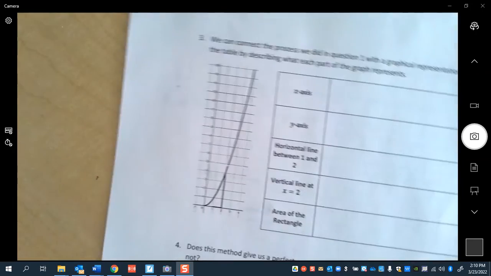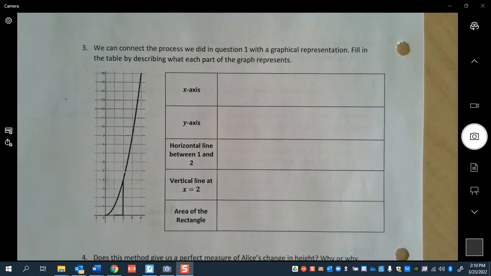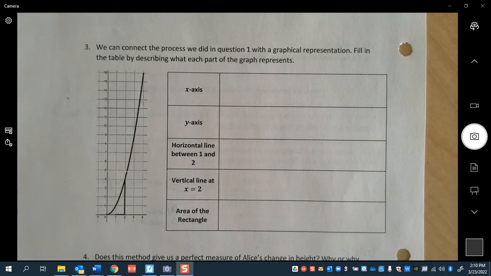Clear as mud. Let's look at this graph on the back. Okay. We can connect the process that we did in question 1 with a graphical representation. So you're going to fill in the table by describing what each part of the graph represents.